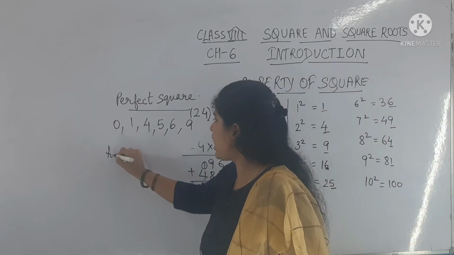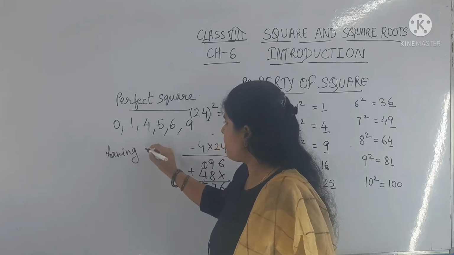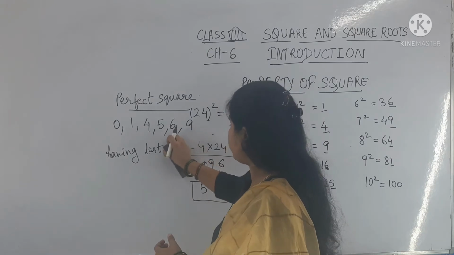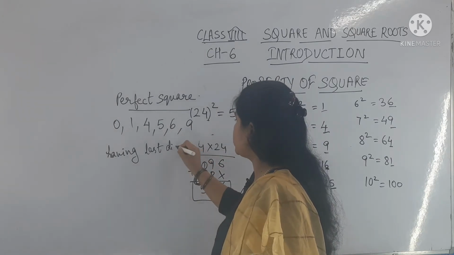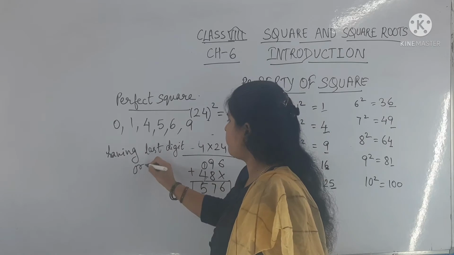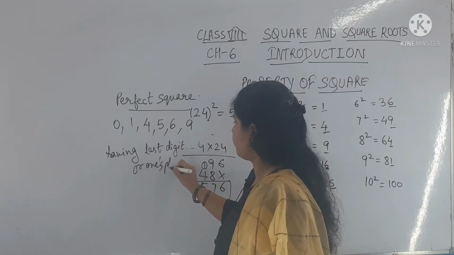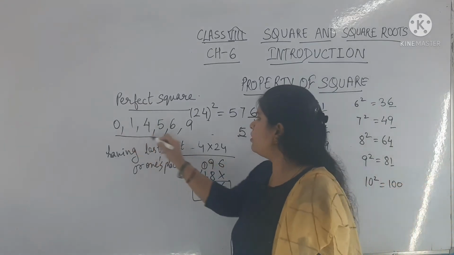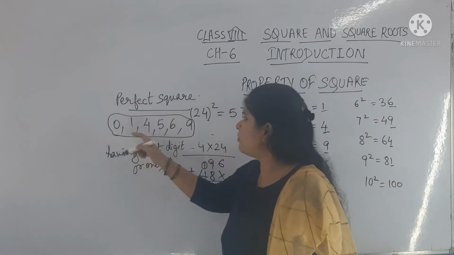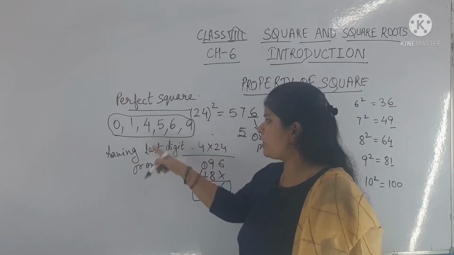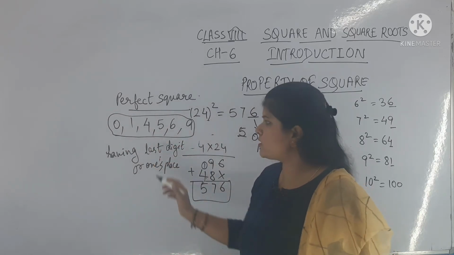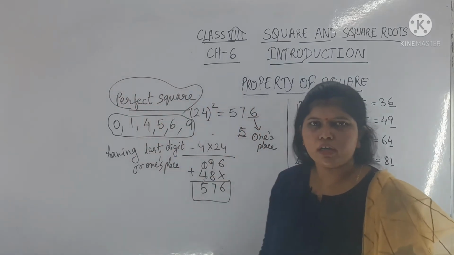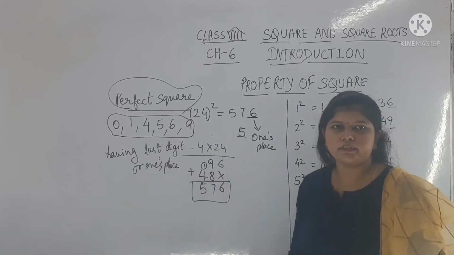If any number has one of these as the last digit or ones place, it can be a perfect square. So for finding a perfect square, this is necessary.